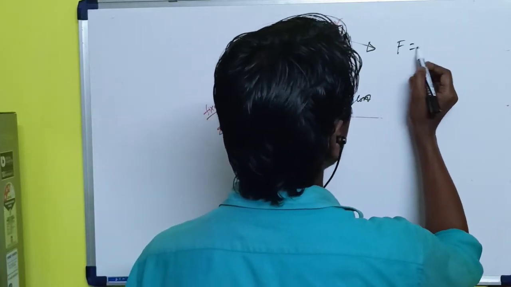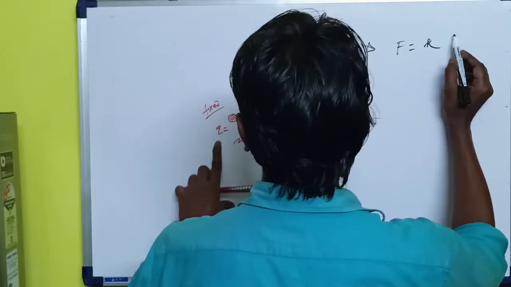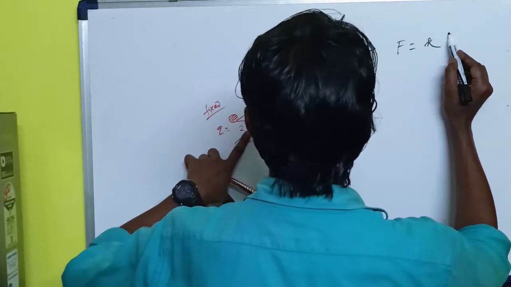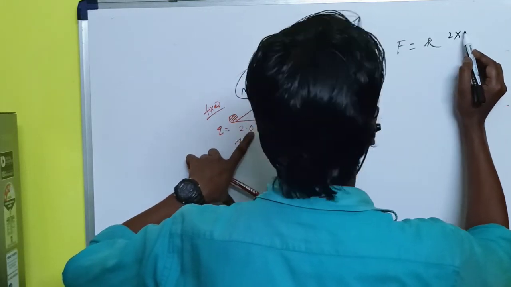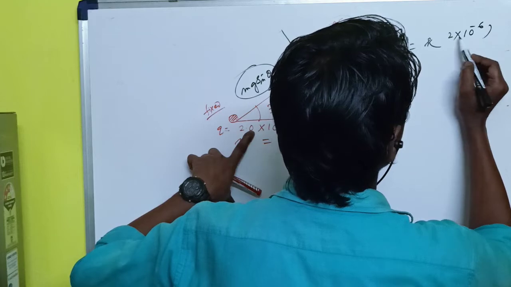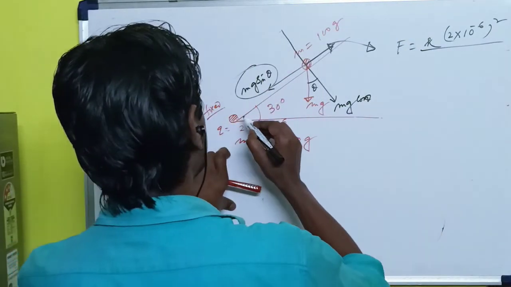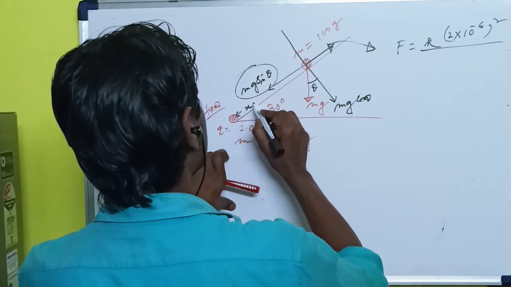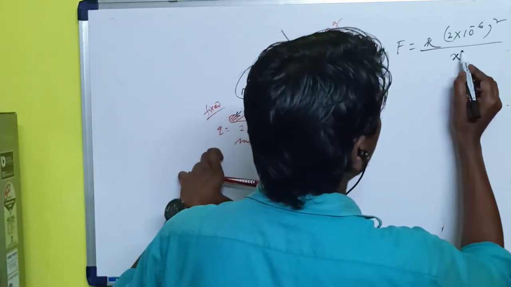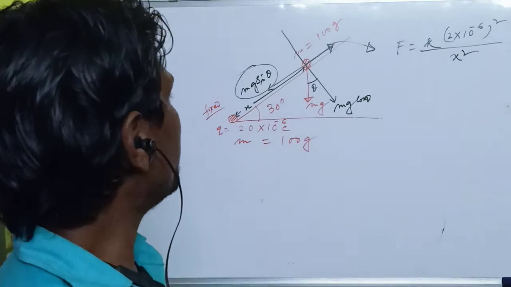So F equals kappa into q1 q2, so q into q, meaning 2 into 10 to the power minus 6, and these are identical charges, so q squared by x squared, if the separation distance is x. Is it clear or not?